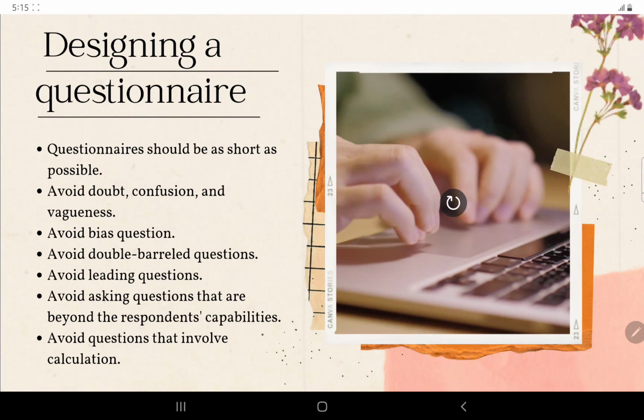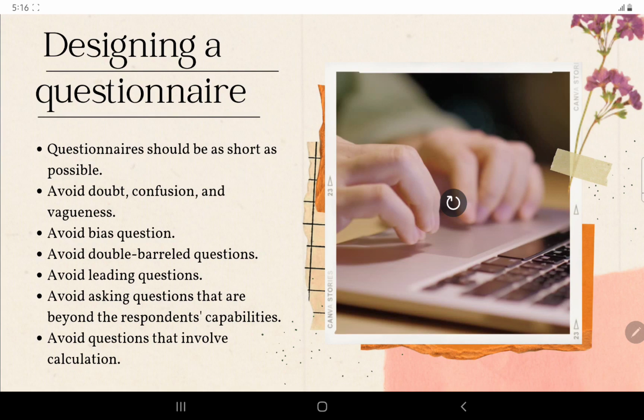Okay, these are the things that you need to remember when you are designing your questionnaire. Okay, the first one is your questionnaire should be as short as possible. Okay, need to avoid doubt and confusion and vagueness. And you should avoid biased questions.